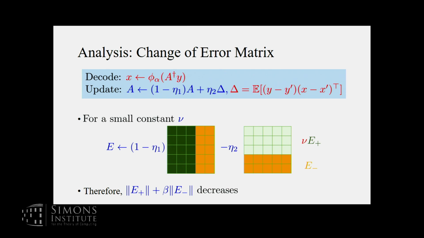You first take the original arrow matrix E, transpose it, and then you scale down the positive entries by a small constant.